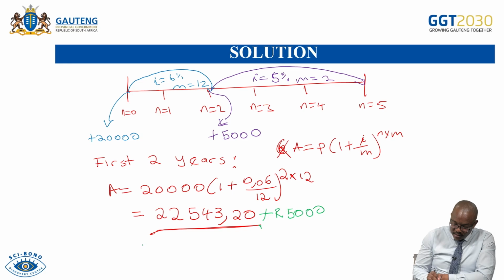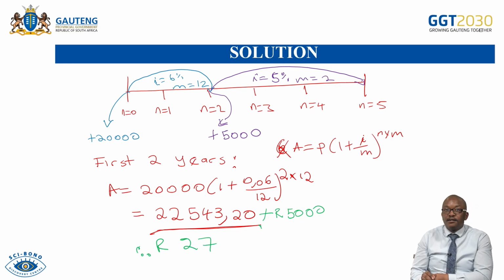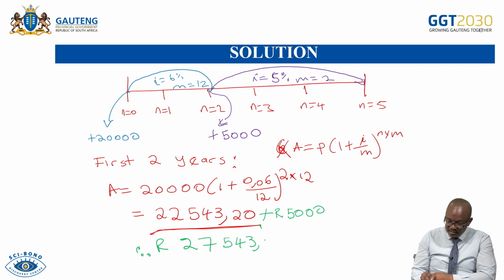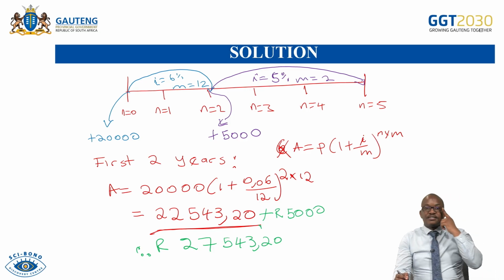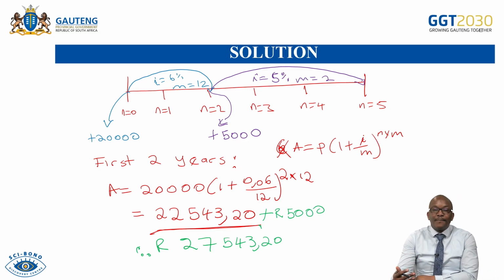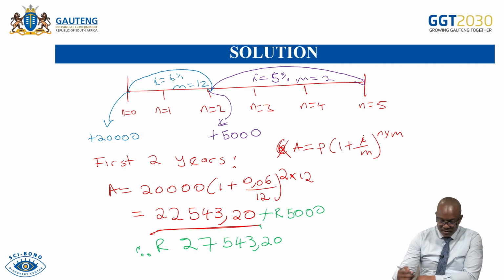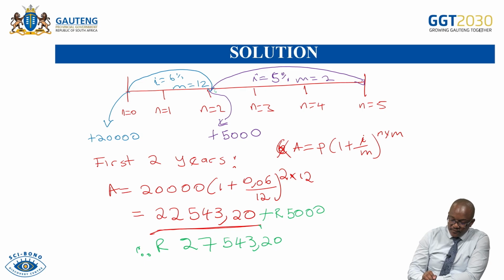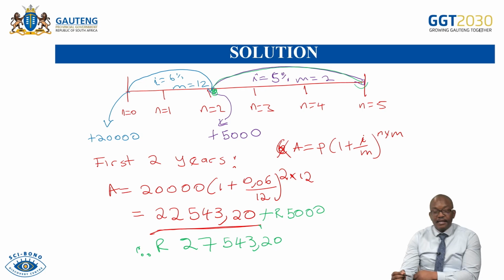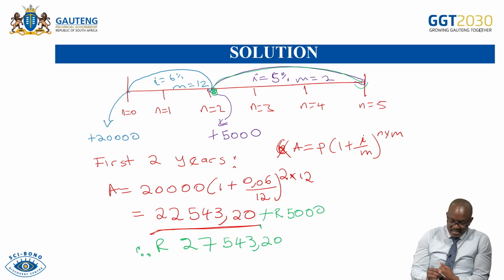Then now the total amount that will be in that account will be 27,543.20. Correct? That is the amount that will be in that investment account. So now you can see that from year 2 to year 3, there is no other disturbance.